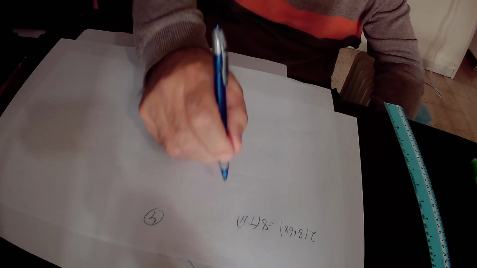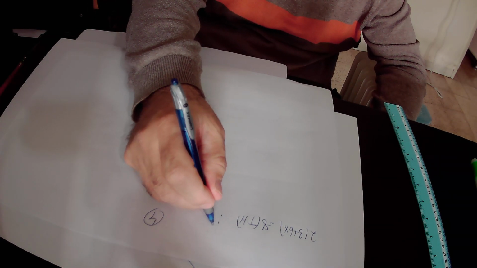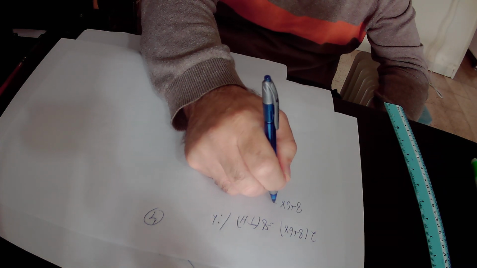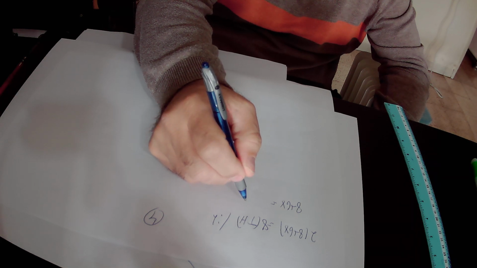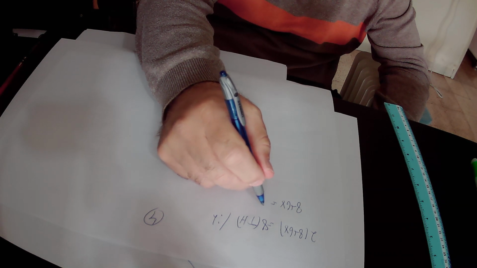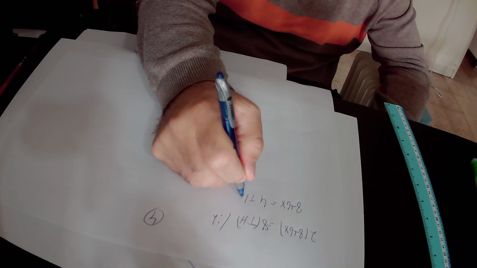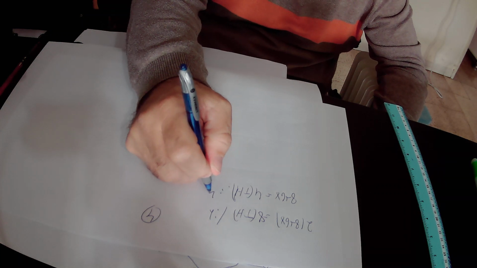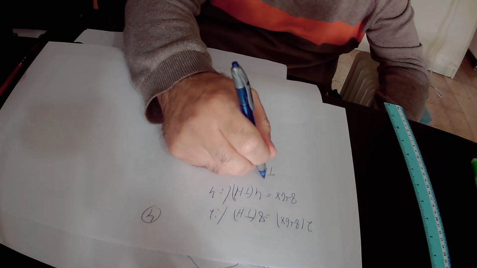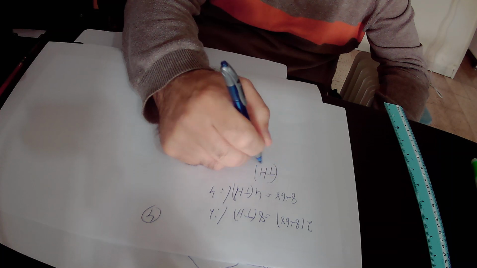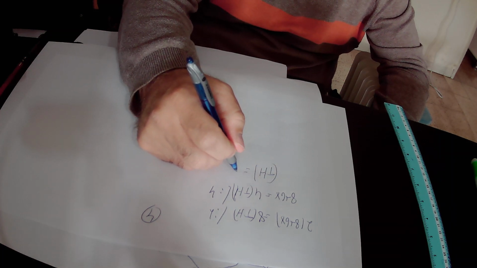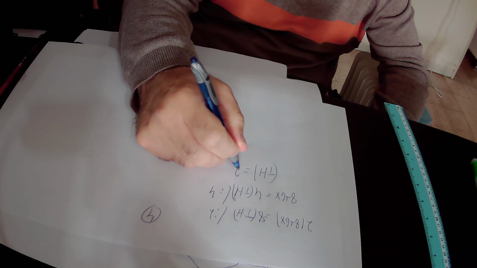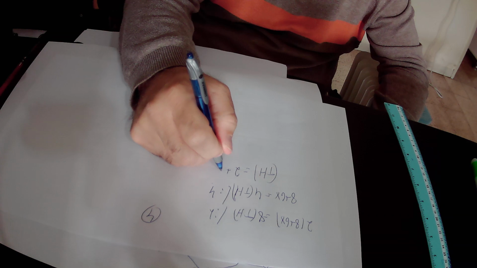We divide this equation by 2, and we get that 8 plus 6x equals 4 TH. Here we divide this equation by 4, and finally we get that TH, the length of line segment TH, equals 8 over 4, which is 2, plus 6x over 4, which is 1.5x.